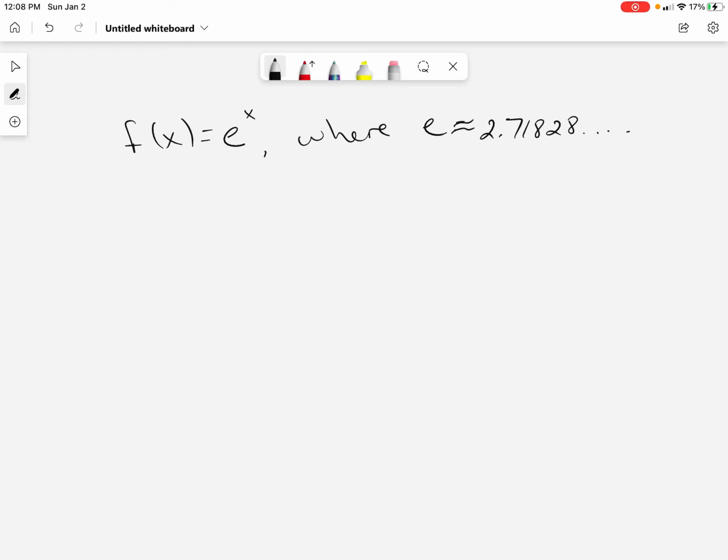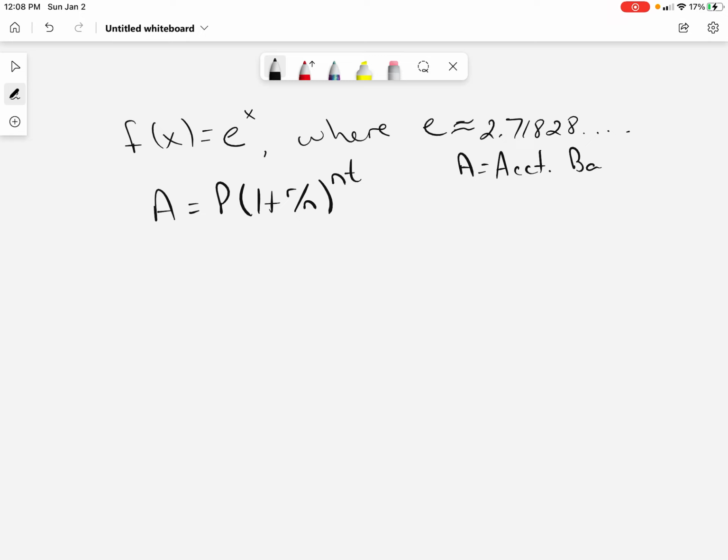So the formula for looking at these problems is A equals P times (1 plus r over n) to the nt. And in this formula, A is the account balance.